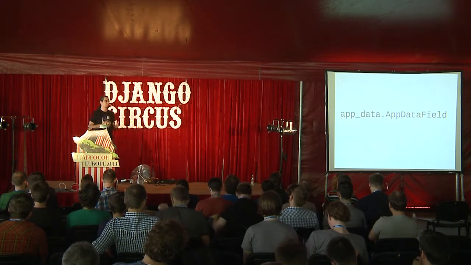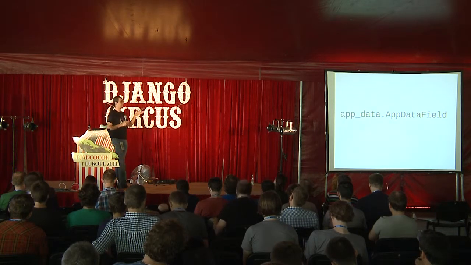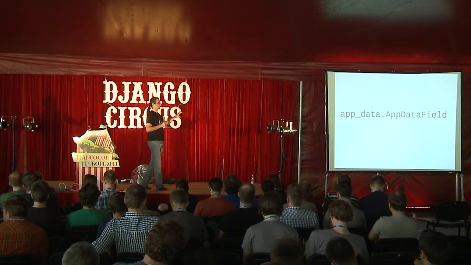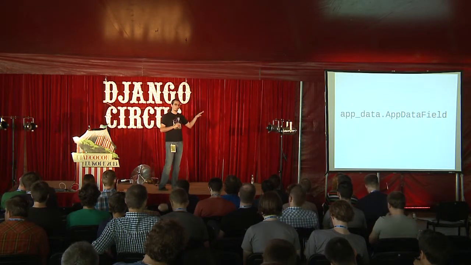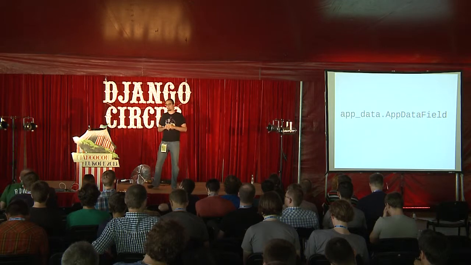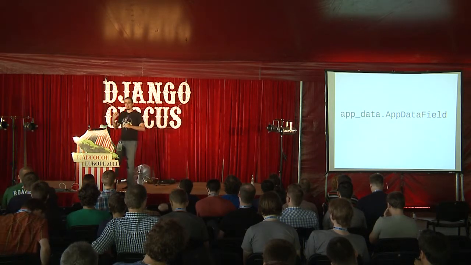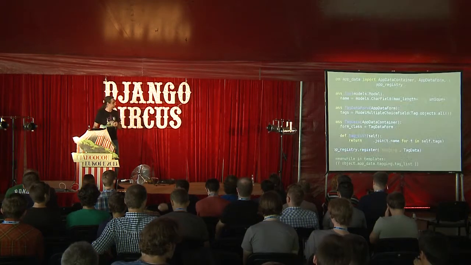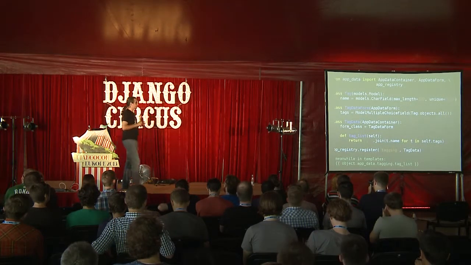So upon startup time, each application can claim a namespace within that field, either globally for all instances of that field on any model or for a specific model. And then it can supply the class that would live in that namespace. So again, code is worth 1,000 words.